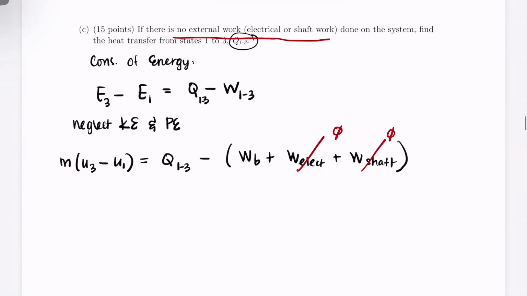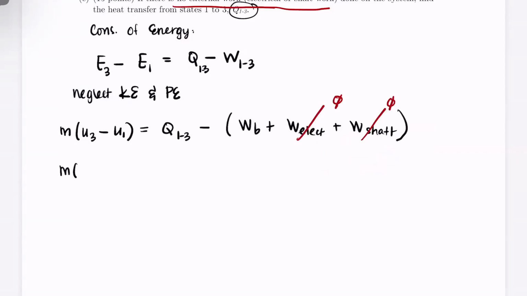Okay, so I have that m(U3 minus U1) is equal to Q13 minus boundary work. We already know mass, and from part A, we figured out U3 and U1. So all that's really left is we need to do something about WB.